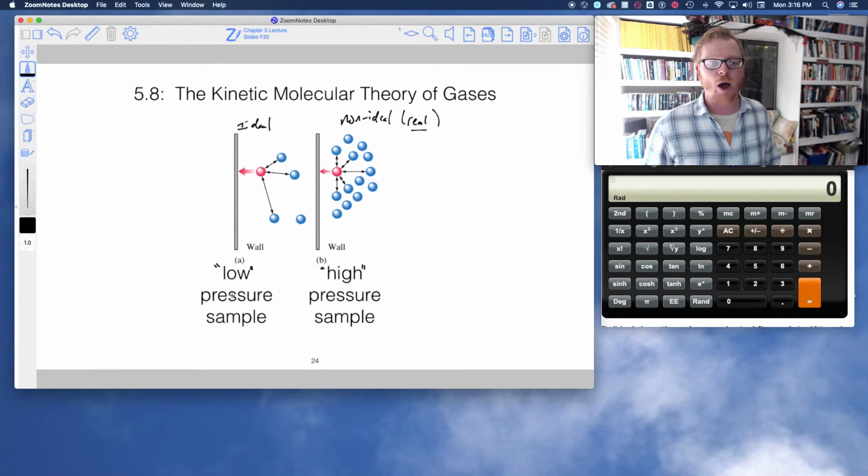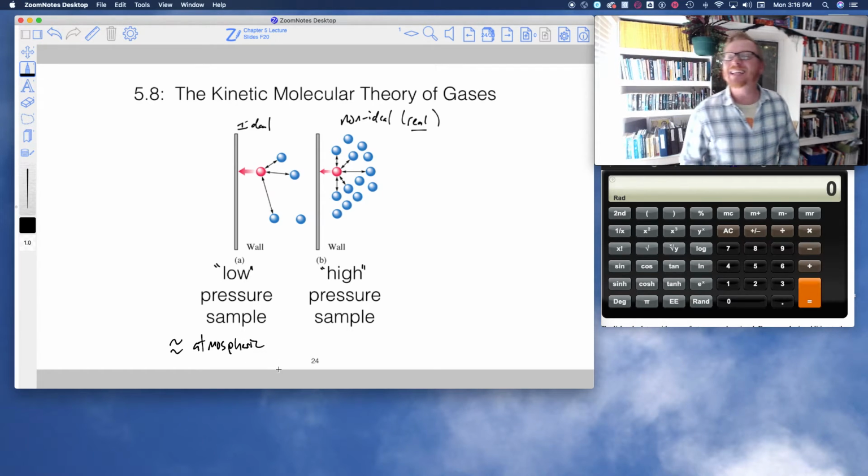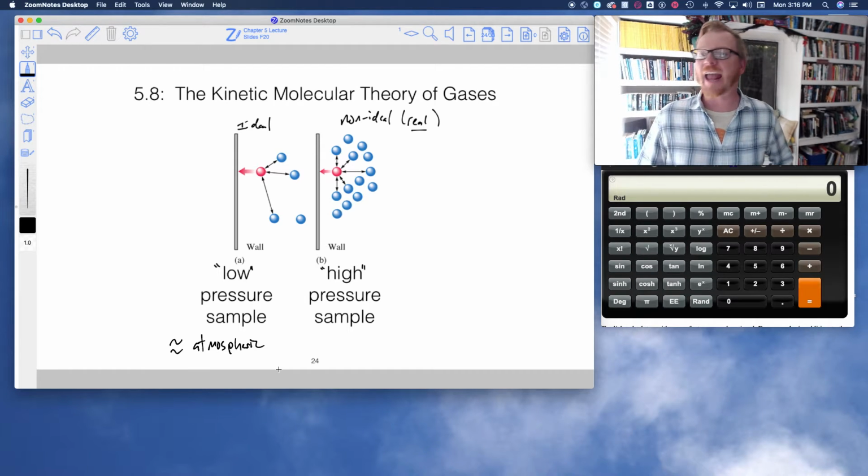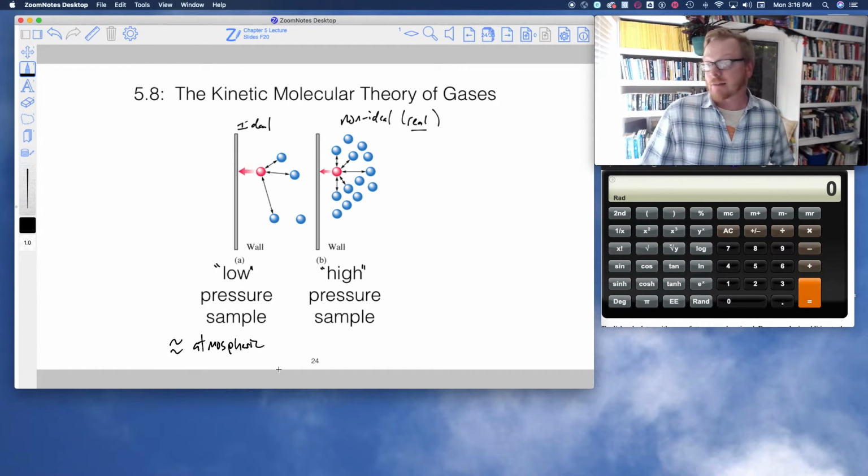Well, as it turns out, low pressure is about atmospheric pressure and lower. So in the grand scheme of things, on the grand universal scale, atmospheric pressure on planet Earth is fairly low.